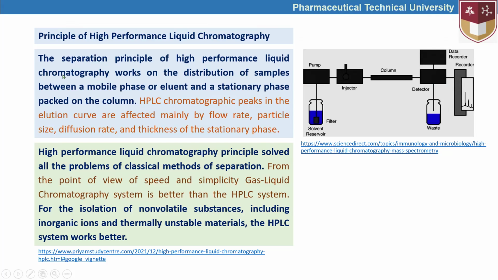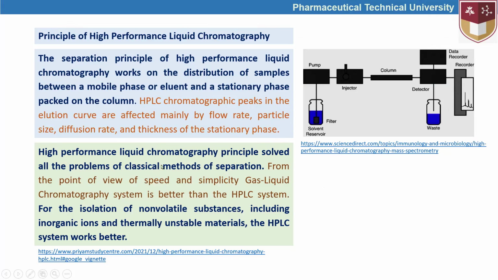Based on that, the compounds can be identified by comparing to the retention time of the standard compound. These processes can be affected by many factors, including flow rate, particle size, diffusion rate, thickness of the stationary phase, and others.